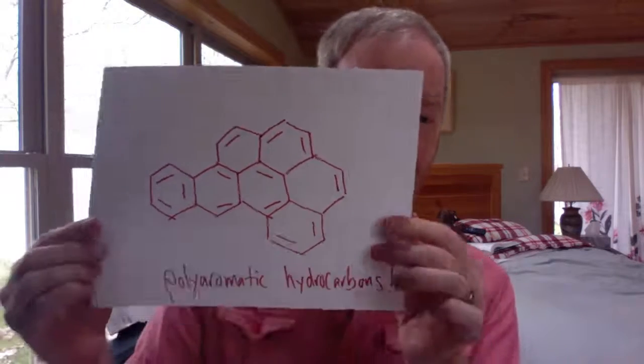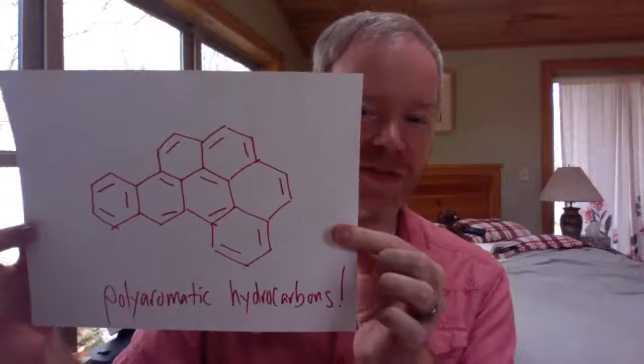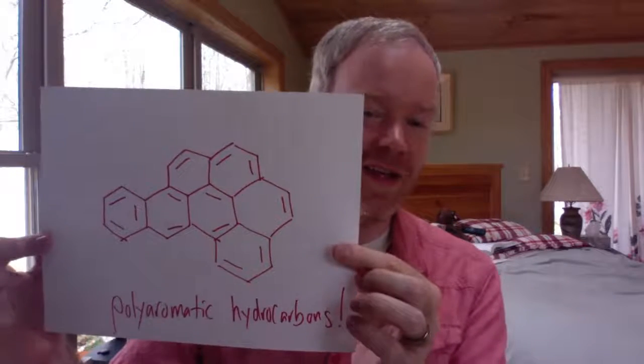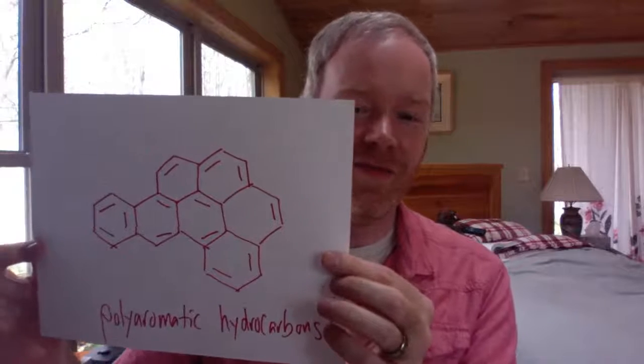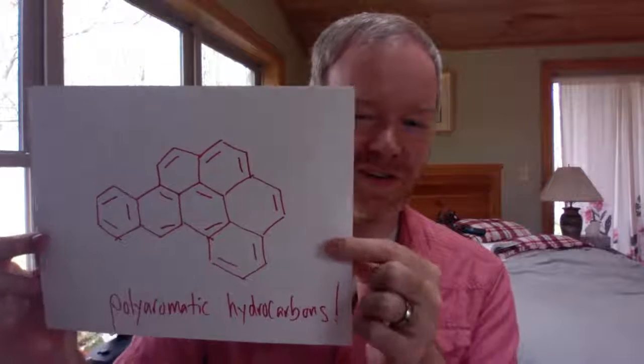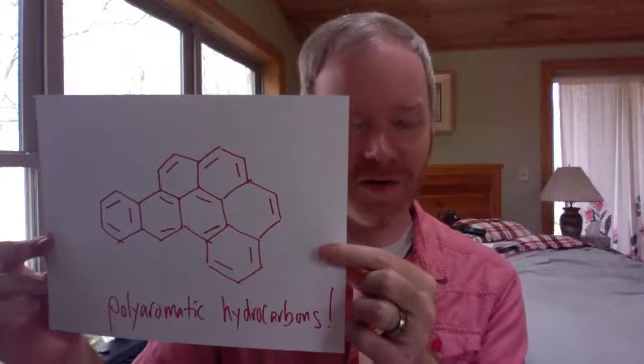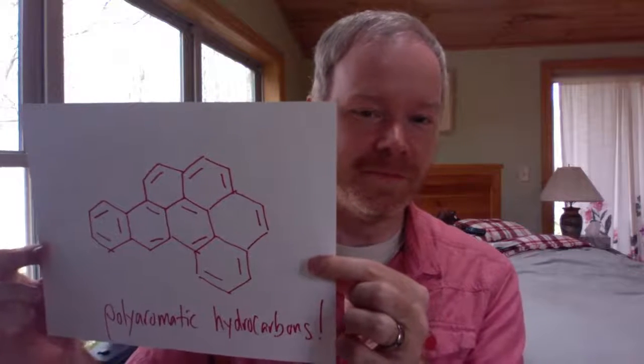But one of the things that you do make are aromatic molecules, polyaromatic hydrocarbons. I drew this one super randomly. It is aromatic. Every carbon is part of a double bond structure. It's a big, complicated one as far as things go. It's flat.